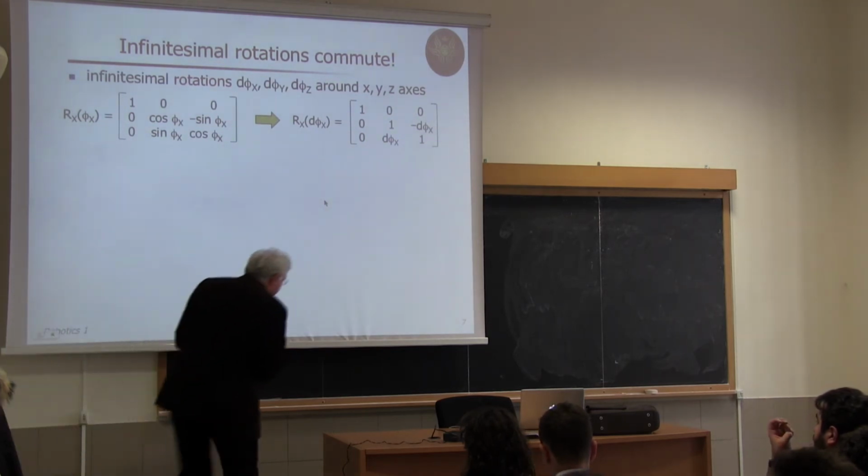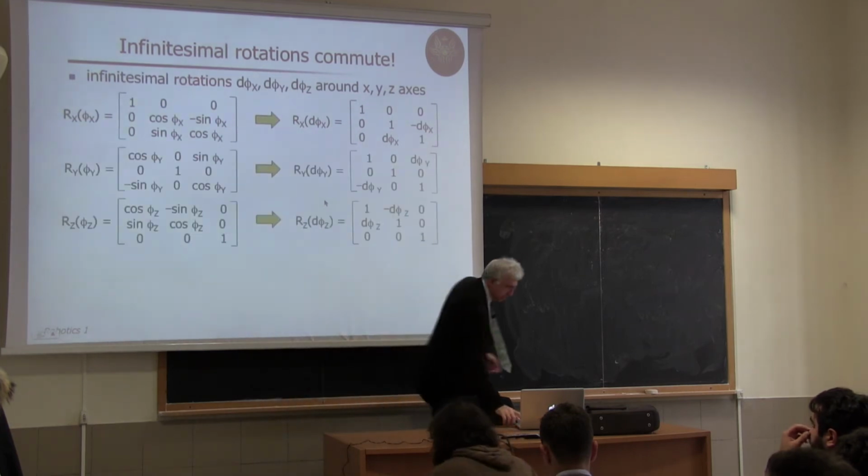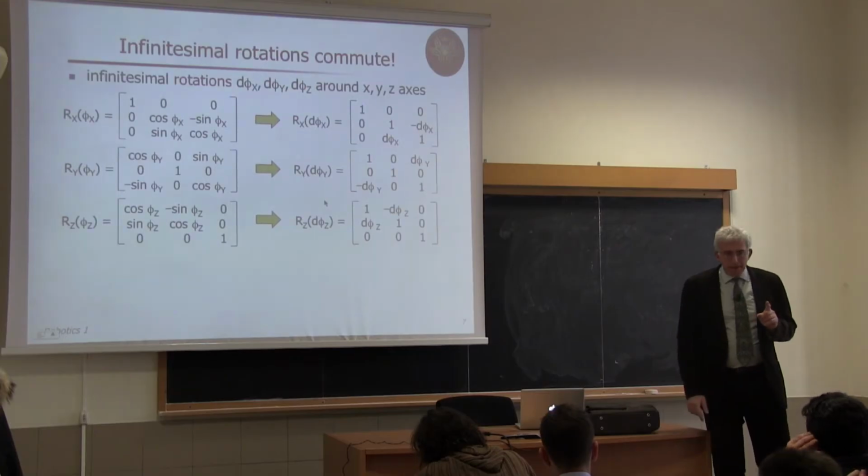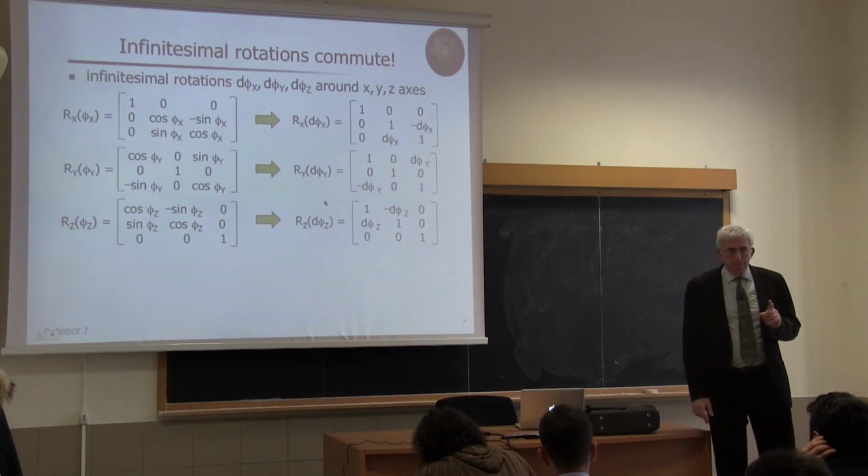And I can do the same for the other 2 elementary rotation matrices. So from finite to infinitesimal, I have this type of expression. Okay? Now pay attention. If you remove the identity, so the diagonal one, all these are skew-symmetric matrices. You see this? Okay.